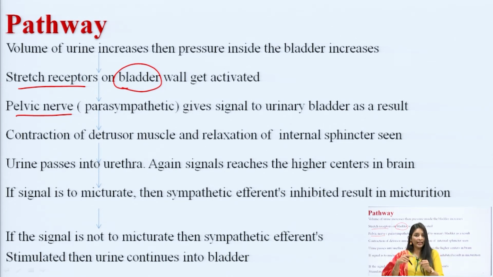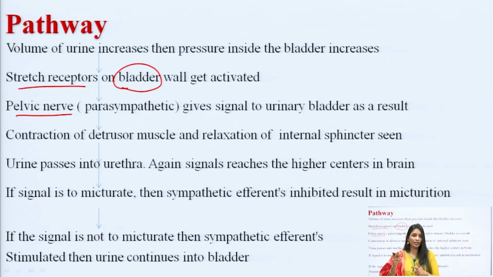Because this is an involuntary control, which is not in our hands, right? The role of the parasympathetic nervous system is to send the urine out of the bladder. So when it is activated and there is a signal to micturate, the sympathetic nervous system will be inhibited.